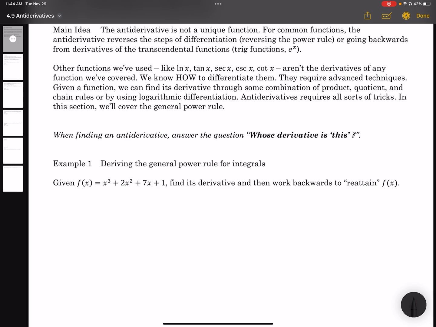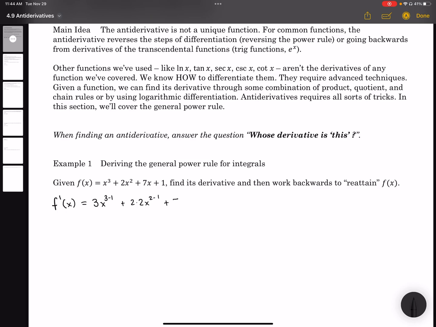All right, so we know our derivative is f prime of x equals. Now, what the general power rule tells us for derivatives is we multiply the 3 to the front. We have x, and then we have 3 minus 1 as our exponent. Then we have 2 times x to the 2 minus 1 power.